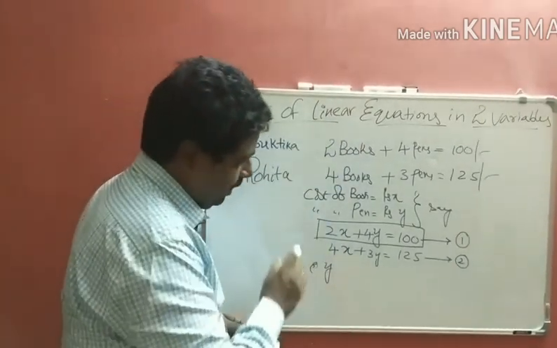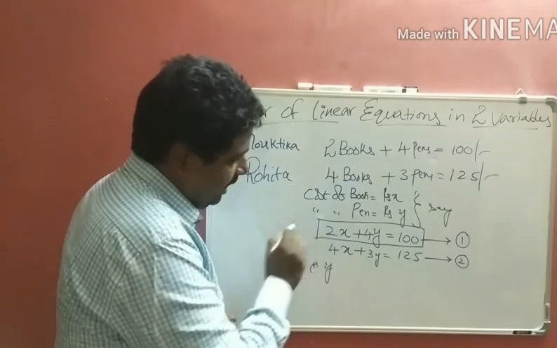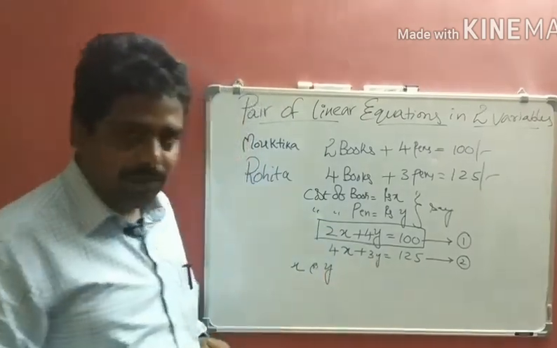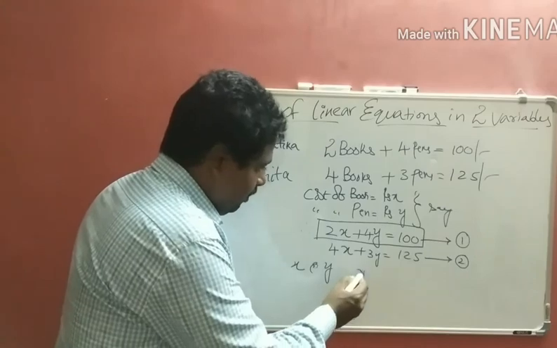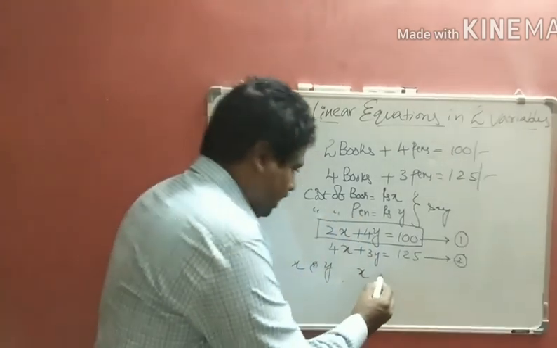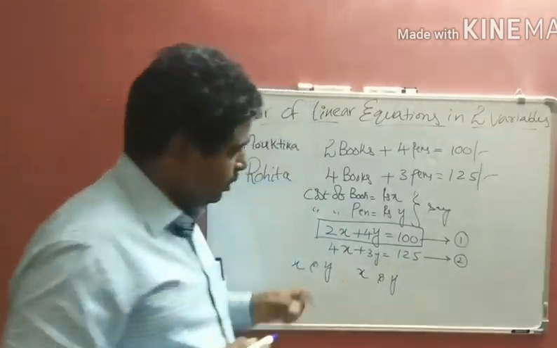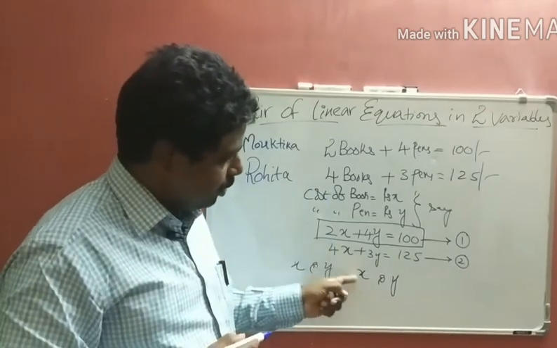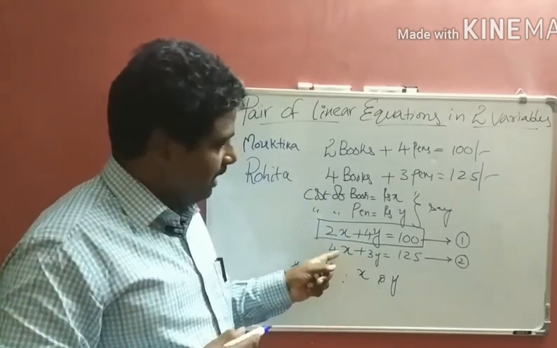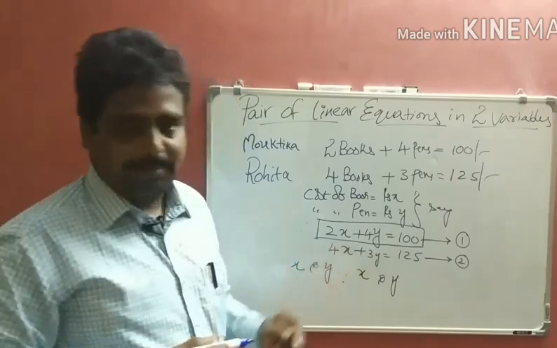Let us take the second equation, 4x plus 3y is equal to 125. Here also one variable is x and another variable is y. So the second equation also contains 2 variables, so it is a linear equation with 2 variables.